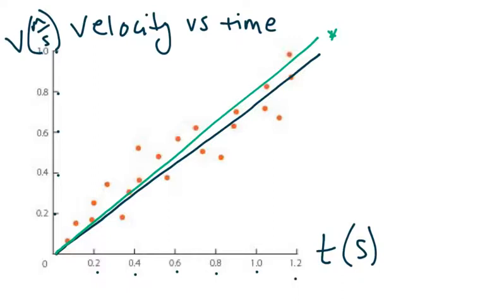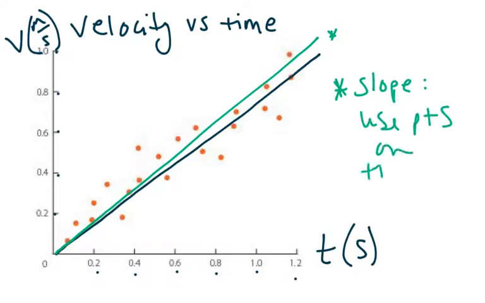When you're calculating the slope, you must use points on the line, okay? If we could just use data points, then we wouldn't even bother with drawing this graph. We would have just left the data points and used those. I should have said line.